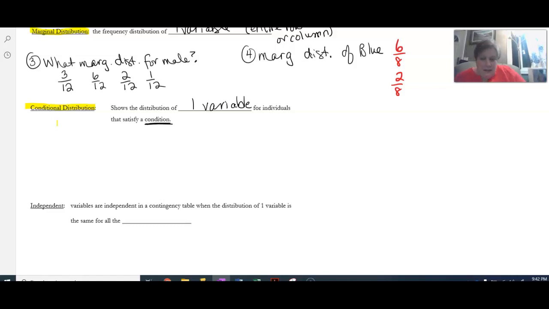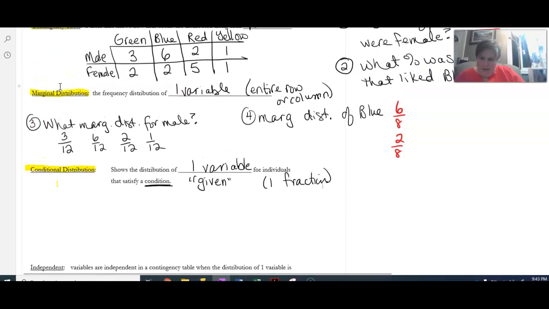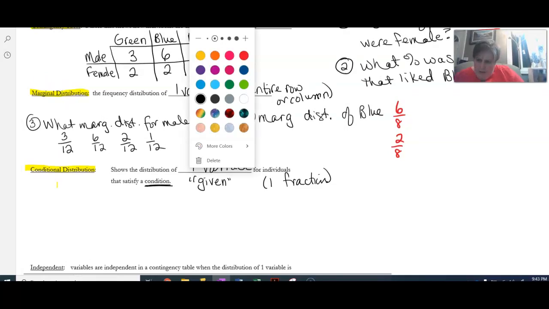Okay, a lot of times they're going to use the word given. And the difference between conditional and marginal, conditional is just going to be one fraction. Okay. All right, and so let's look at this. We'll usually see numbers.